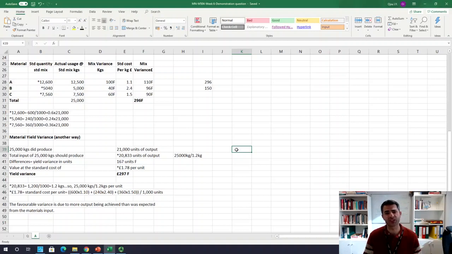This is why we have material mix and yield. The impact could be on cost. Cost could be more, could be less. For example, if you use more nuts than chocolate and raisin, it could be more expensive. If you use more raisin than chocolate and nuts, it will be cheaper.